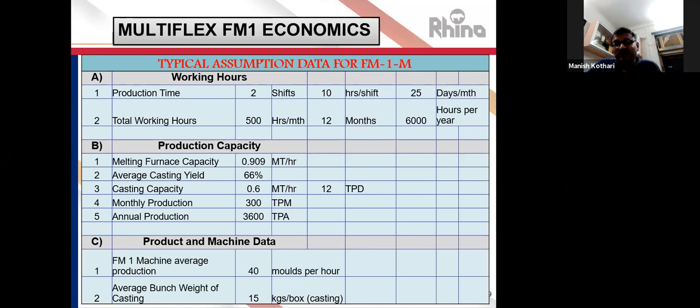A few plants have been implemented after that, and we are able to correlate that what we had assumed is more or less coming near to that, because many foundries have gone from 15 kgs average bunch weight to 20, 25, and their molding rates are lower. Still, they are able to produce around 10 to 12 tons per day.